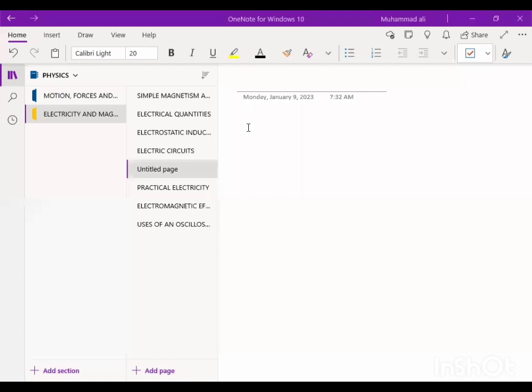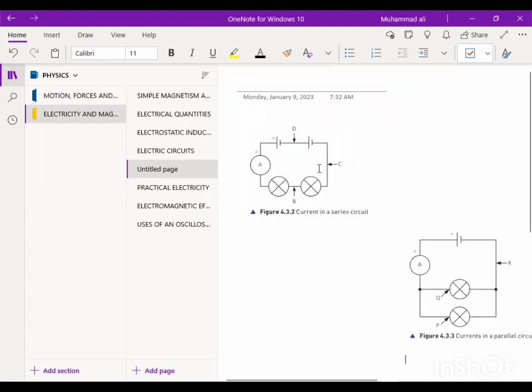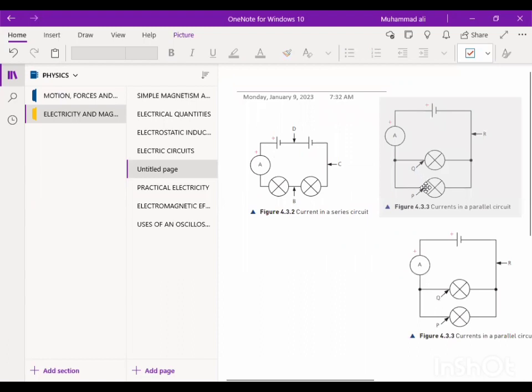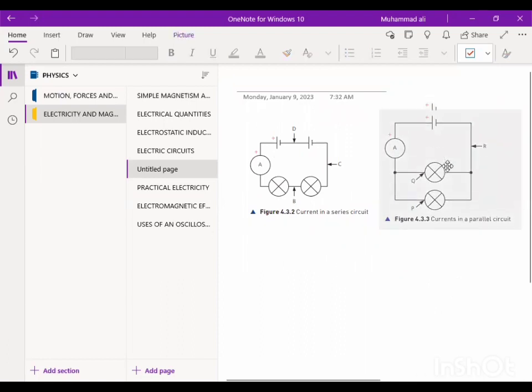Okay, there we go. Right in front of us now we have two circuits, right?